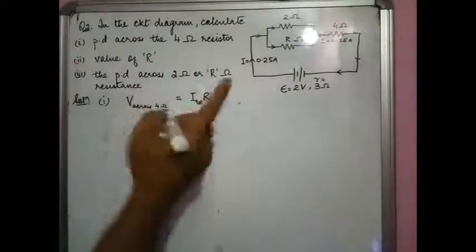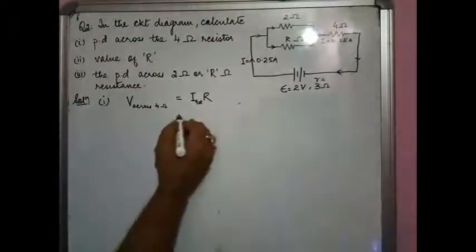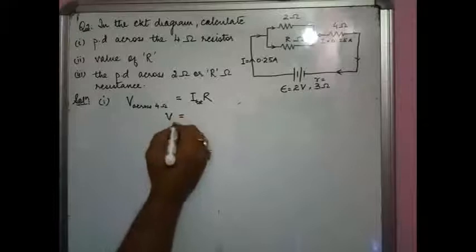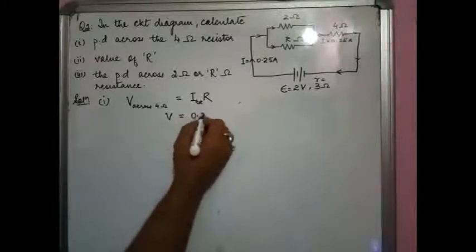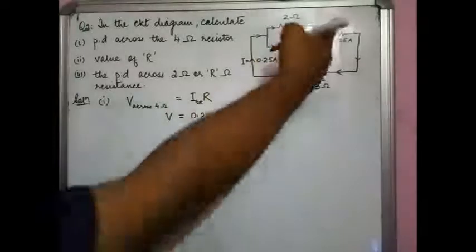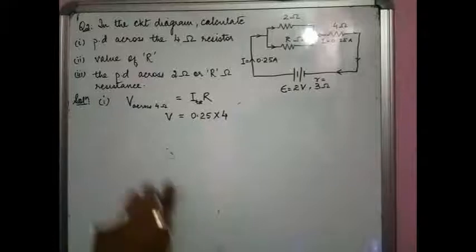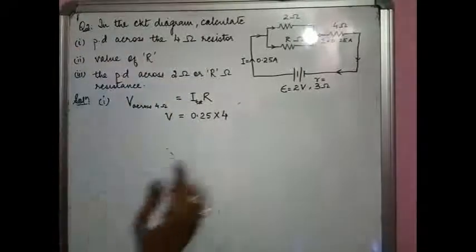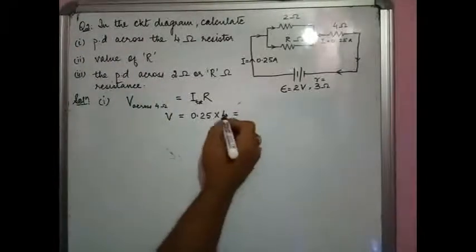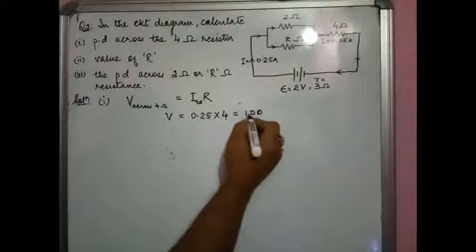Okay, so we want the voltage drop across this resistance of 4 ohms, so we will use the formula I total, which is 0.25, multiplied by the R value. Now this R value is the 4 ohms value, because in the first part they only want the potential drop across the 4 ohm resistor. So 4 multiplied by 0.25: 4 5s are 20, 4 2s are 8, 10, 1, with 2 places of decimal.